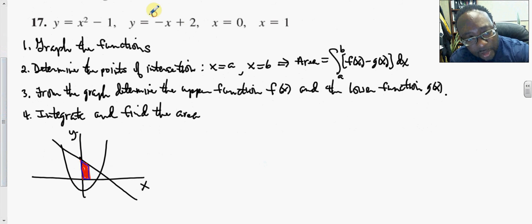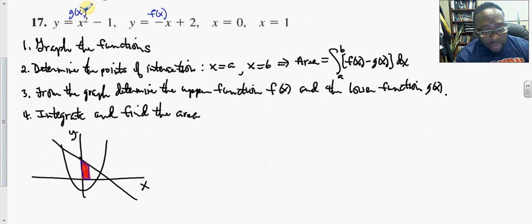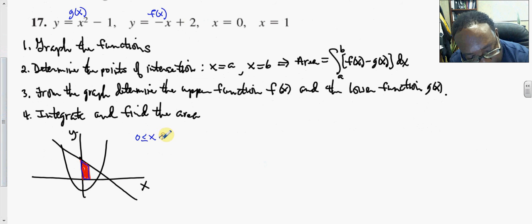So this would be our f of x, and then this parabola would be the g of x, the function down below. Obviously, we're going on the interval from 0 to 1 for x. So 0 less than or equal to x less than or equal to 1. So a is equal to 0 and b is equal to 1.